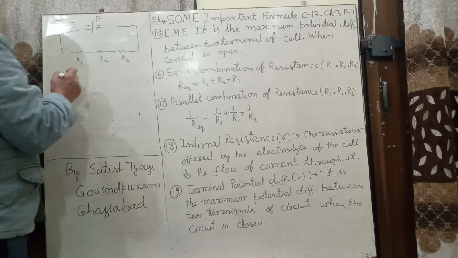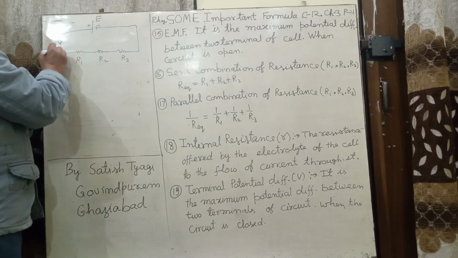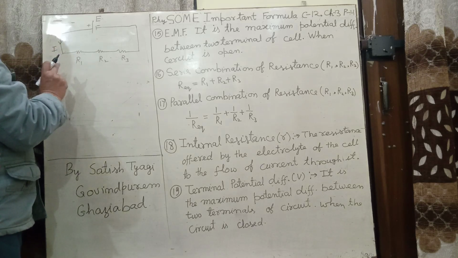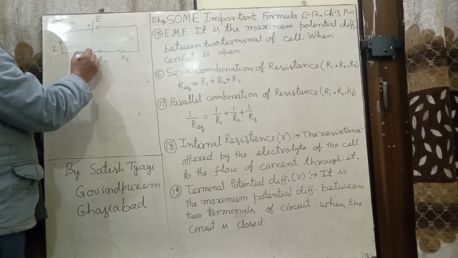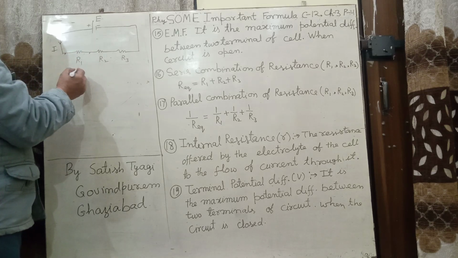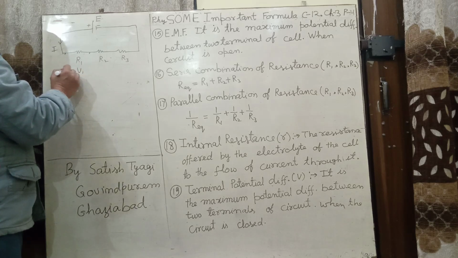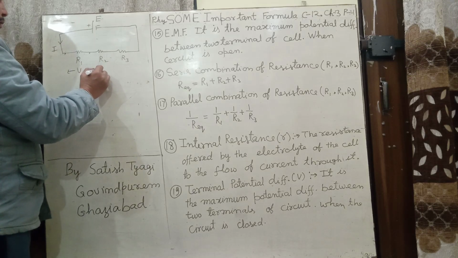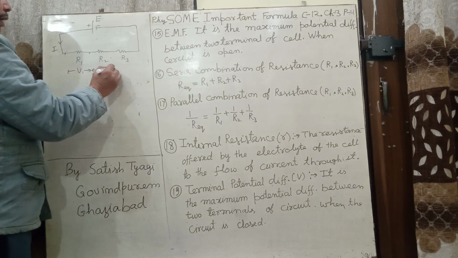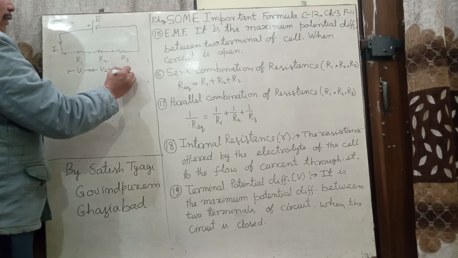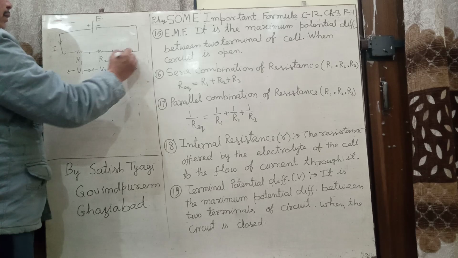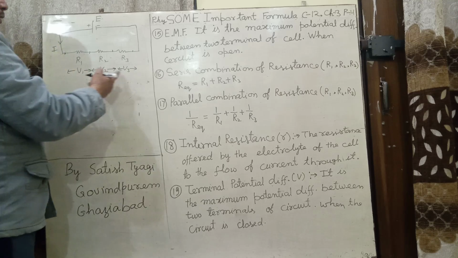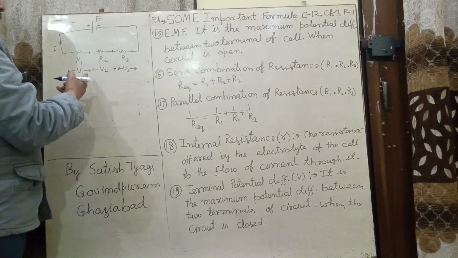In series combination, the current is the same in all resistances, and the potential difference between the terminals is different. Here this is the potential difference V1, this is V2 and this is V3. In series combination, the current is always the same but the potential and resistance are different.